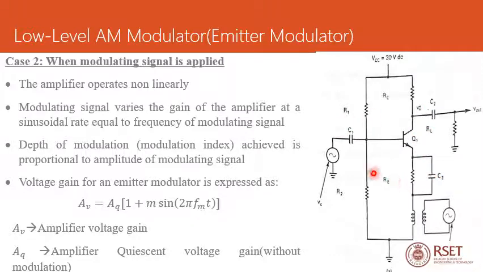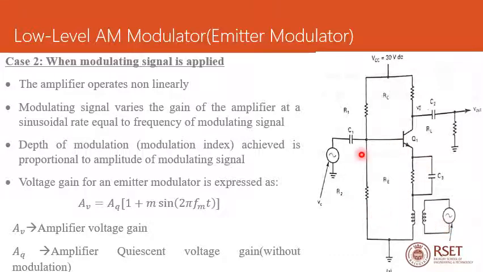So the depth of modulation or the modulation index achieved is proportional to the amplitude of this modulating signal. In the previous lecture we already discussed the modulation index, that is m = Em/Ec.